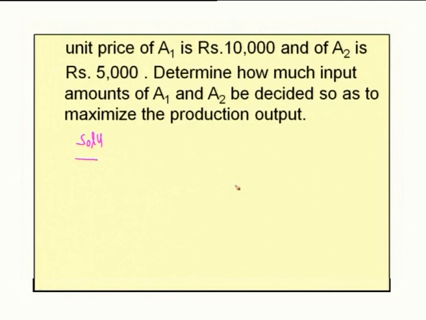The given problem consists of a budget constraint. That constraint is that the company has to spend a maximum of 50,000 on the raw materials. Therefore, the constraint should be less than or equal to 50,000. For A1, we are spending 10,000, so the first term is 10,000 x1, and for A2, we are spending 5,000, so 5,000 x2.